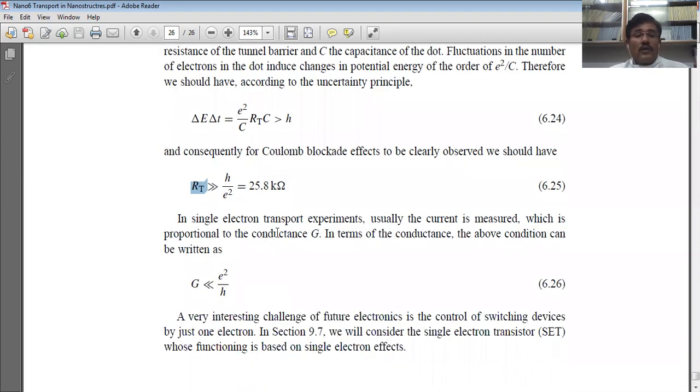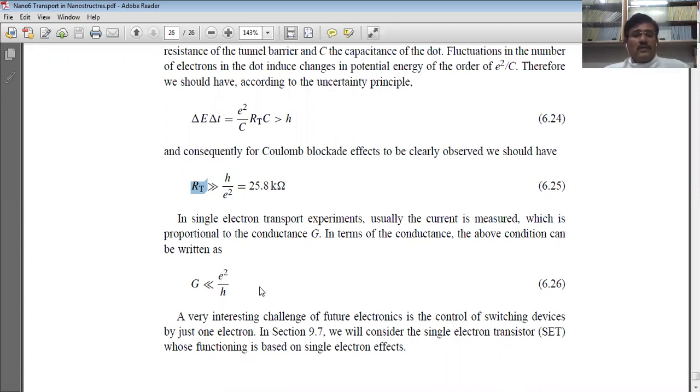Now, in this single electron transport experiment, this above term is nothing but the quantum conductance also. So the quantum resistance or the quantum conductance is e squared by h, we take the reciprocal.